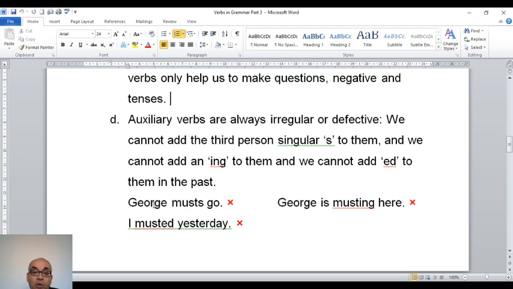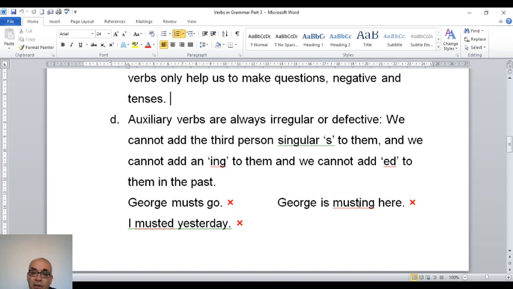So I cannot say George musts go. It's wrong. I cannot add s to must. I can say George goes, but not George musts go. This means must is not regular. I cannot make must past, I musted. George is musting, again, it has no meaning.